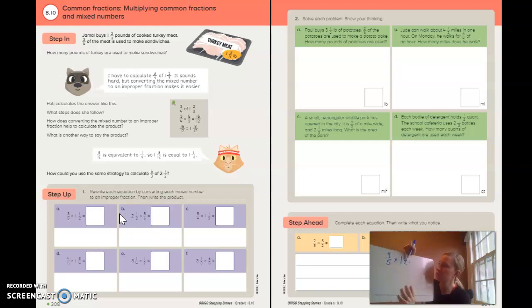Take 2 times 1, which is 2, plus 1 more, which is 3. So instead of 1 1/2, we have 3/2. Now I can multiply straight across. 3 times 3 is 9, and 5 times 2 is 10. Therefore, my answer is 9/10. Pretty simple.